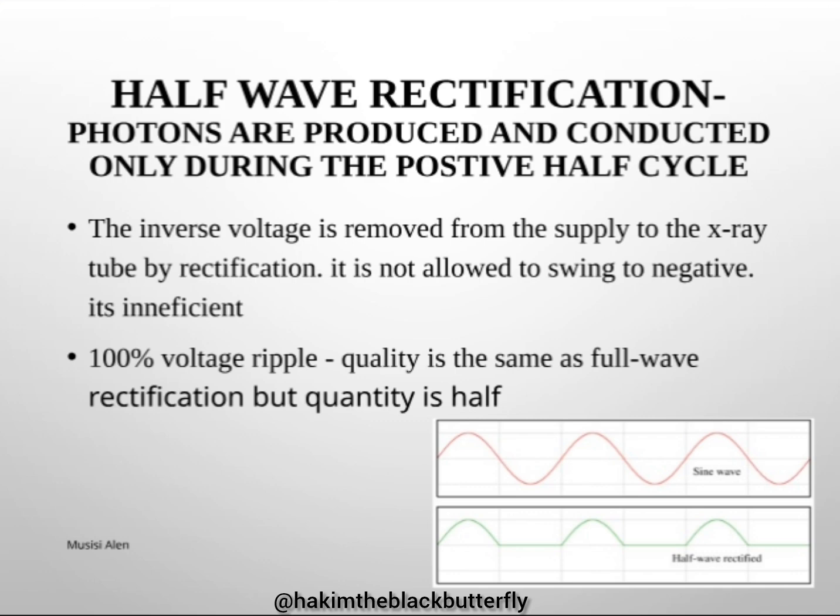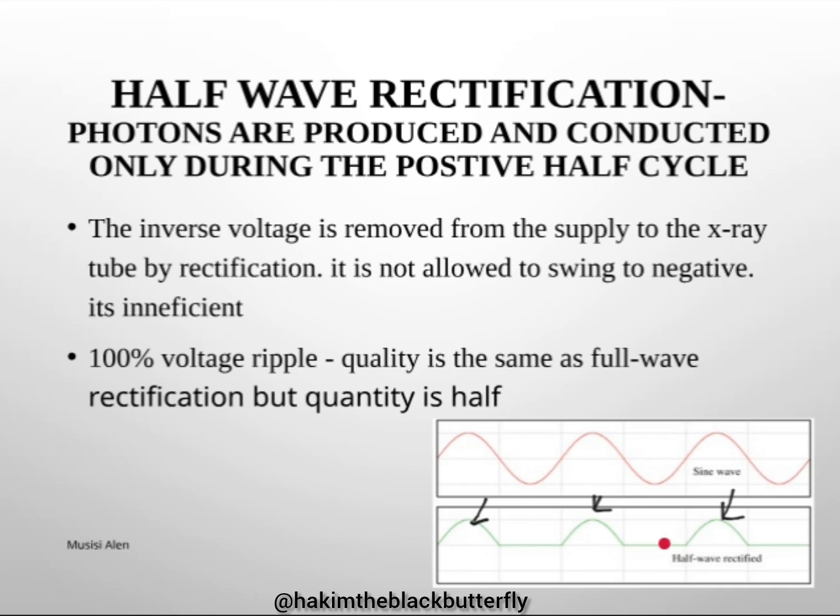So you see, with this kind of rectification, the X-rays are produced in pulses because they are only produced when there is a supply. At this point, there is a supply, there is a supply here, there is a supply here. So you realize that X-rays are going to be produced in pulses.